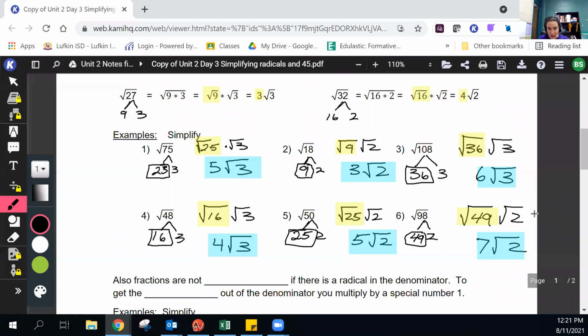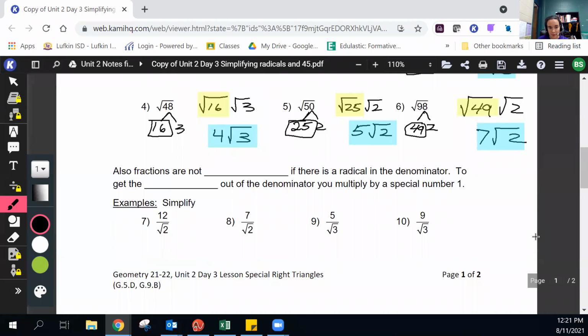Now we're going to look at simplifying radicals when they're in the denominator of a fraction. A fraction is not proper when you have a radical in the denominator. To get the radical out of the denominator, we have to multiply by a special number 1.